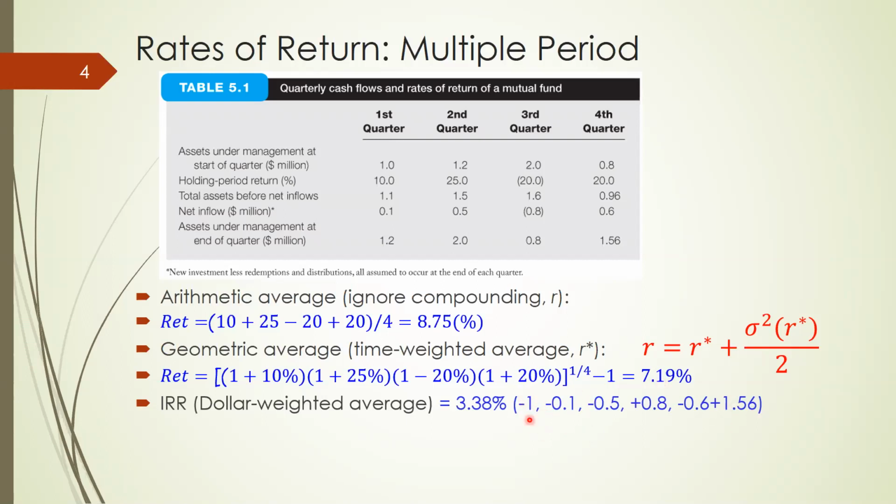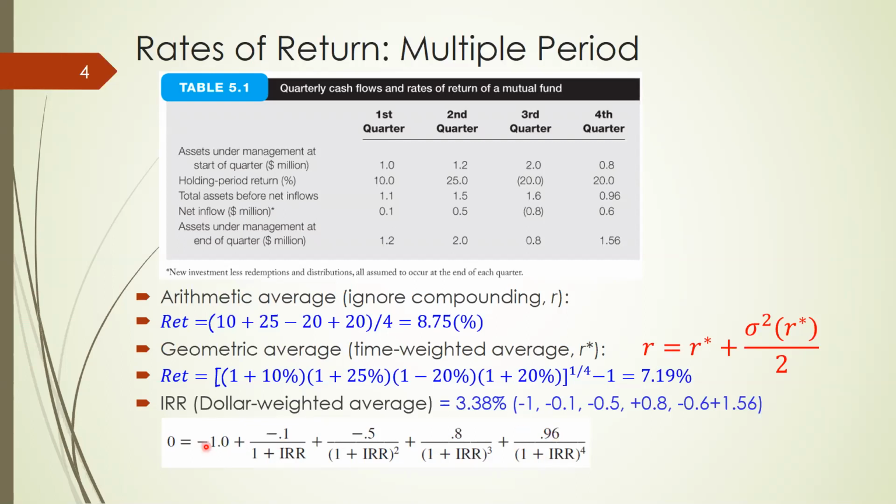You want to make cash inflow a negative sign and cash outflow a positive sign in order for the function to solve for the internal rate of return. Mathematically, the internal rate of return is an average discount rate that would make the present value of the future cash flows 0, accounting for the initial and ending balance of the funds.